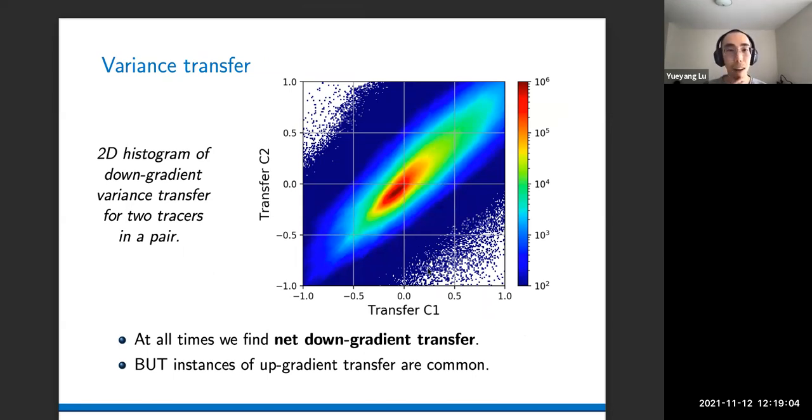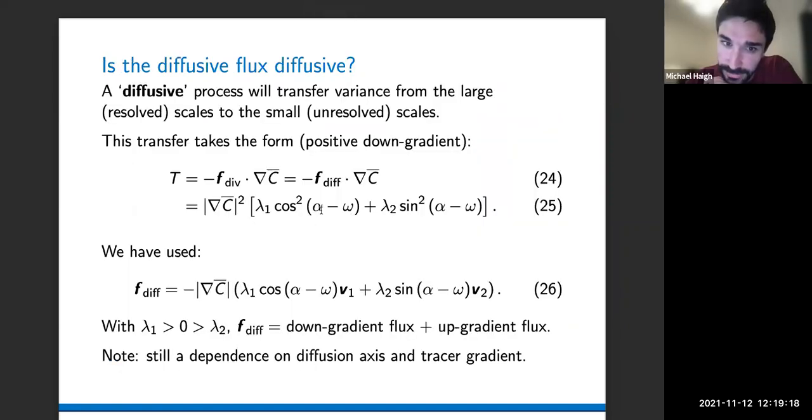So can we use a set of positive diffusivities that has the correct net downgradient transfer? No, the short answer. To have downgradient transfer, you have to have at least one positive eigenvalue. To have upgradient transfer, you have to have at least one negative eigenvalue. So if both eigenvalues are positive, then it's impossible to have any upgradient transfer.